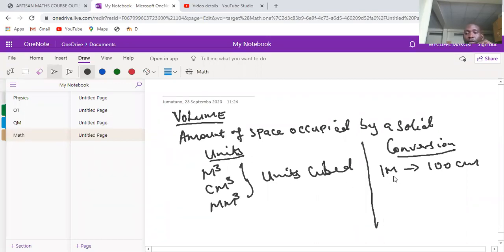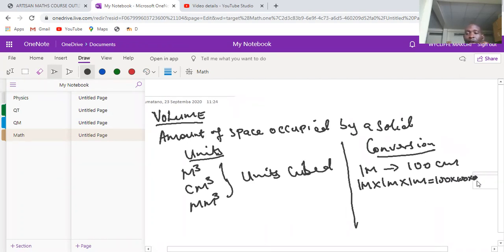Because we need the answer to be in meter cubed, then we know meter cubed simply means 1 meter times 1 meter times 1 meter, which will be equivalent to 100 centimeters times 100 times 100. So you will be able to realize that 1 meter cubed is the same as 100 times 100 times 100, which is the same as a million centimeters cubed. So you can use this conversion rate to convert your answer in meter cubed.